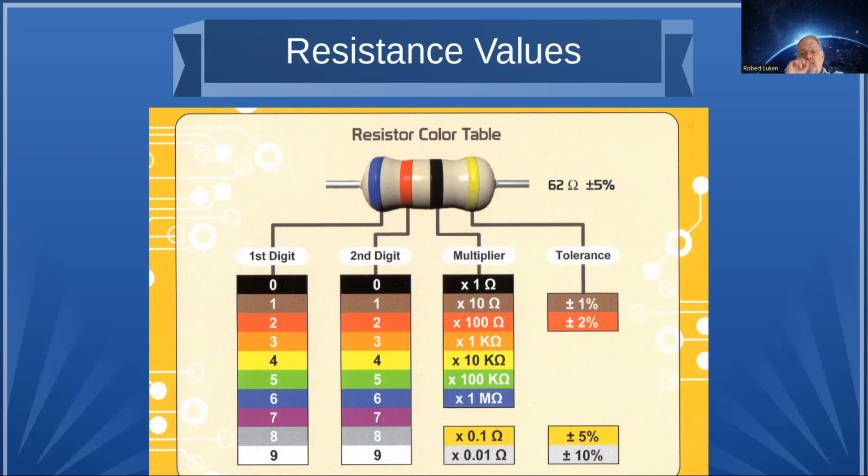In the case of very high precision resistors, you're going to see some different tolerance values there for 1 and 2%. They're not all that common, but they do make them.